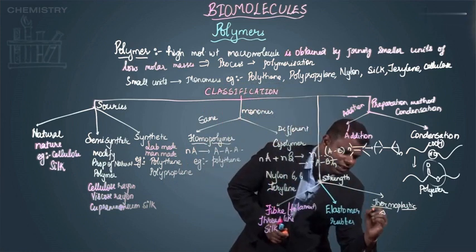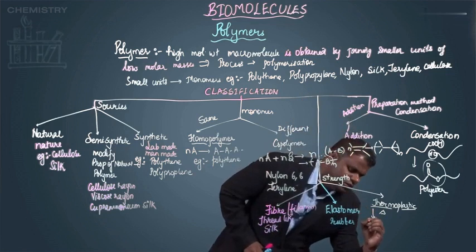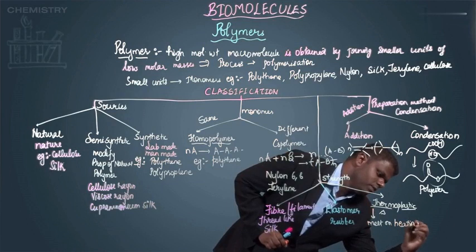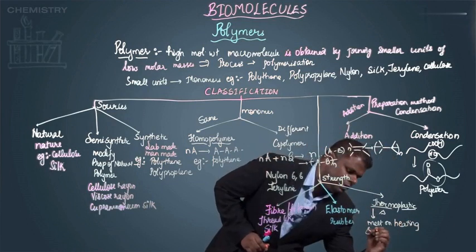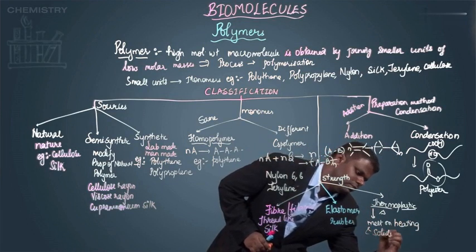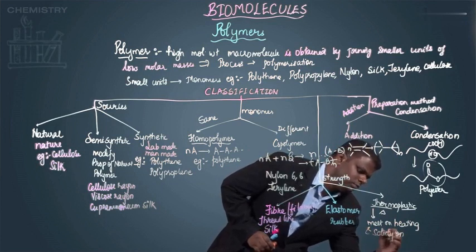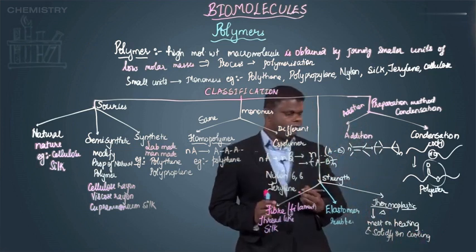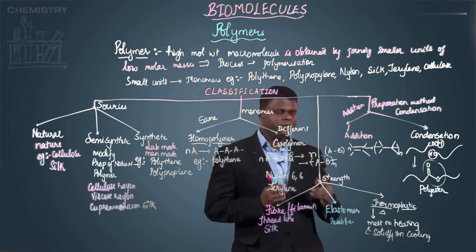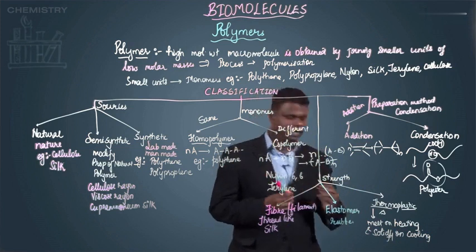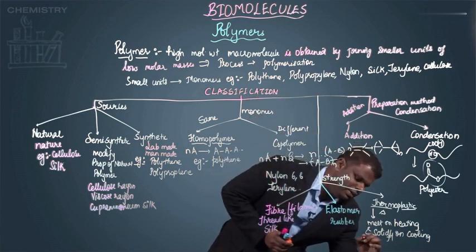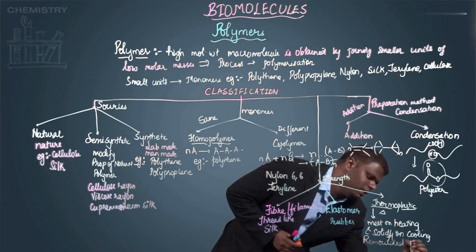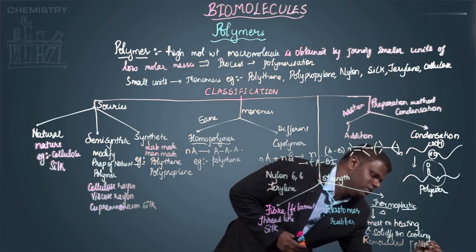So thermoplastics are the polymers which melt on heating and solidify on cooling, and you could keep on doing the same process again and again. So I would simply say they can be remolded again and again. Examples are the plastics which are generally used.